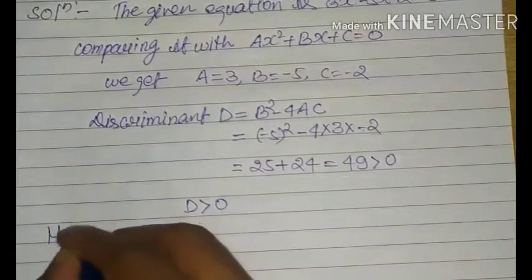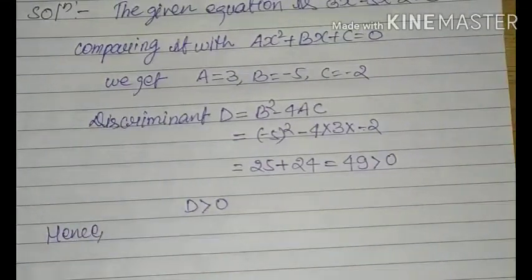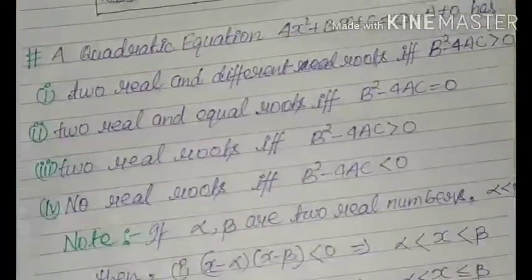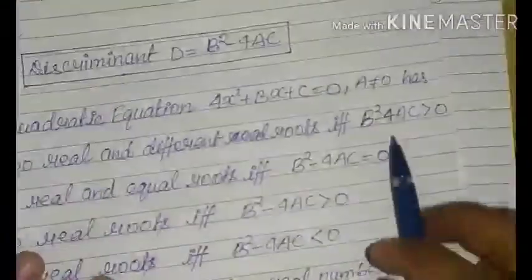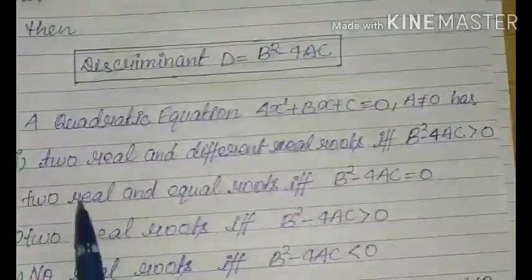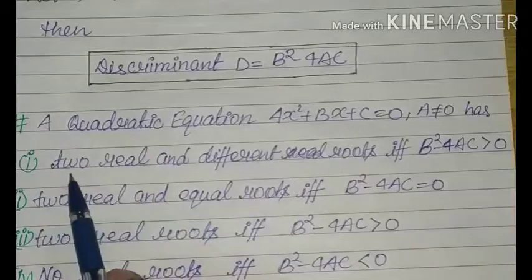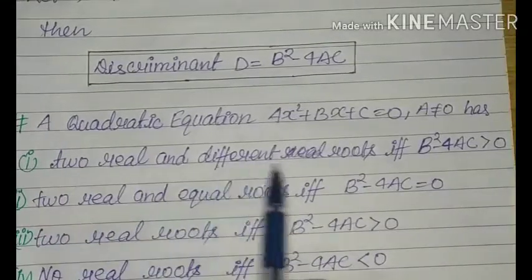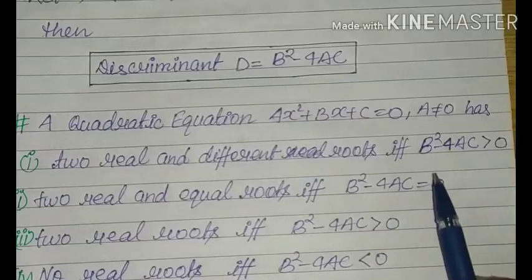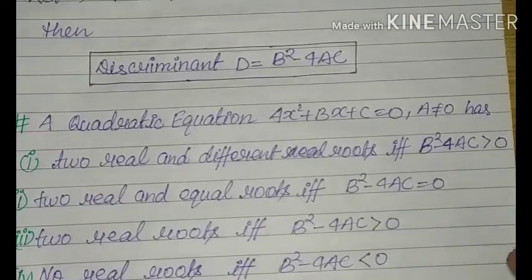Hence, as we know, our given concept is if discriminant, means b square minus 4ac, is greater than 0, then the roots are real and different. Then that quadratic equation has 2 real and different roots.